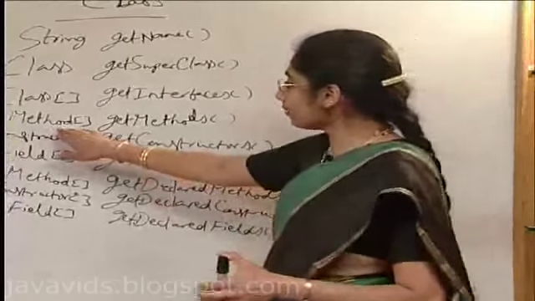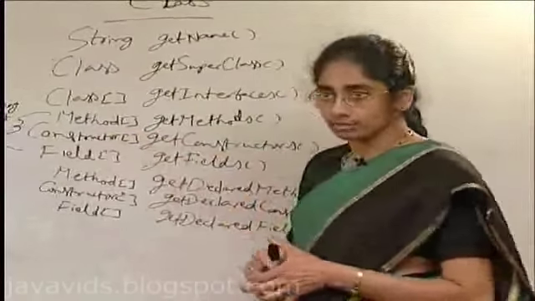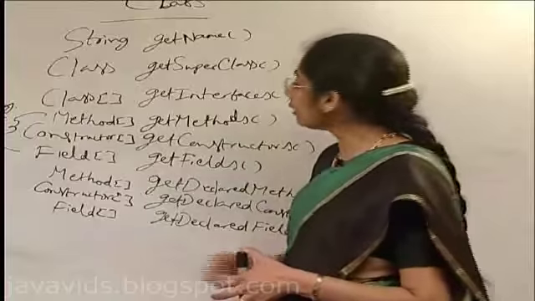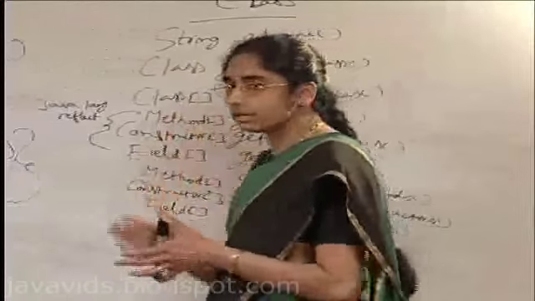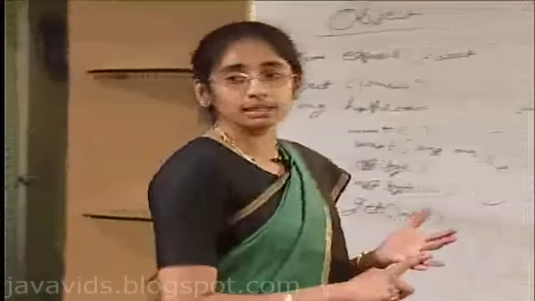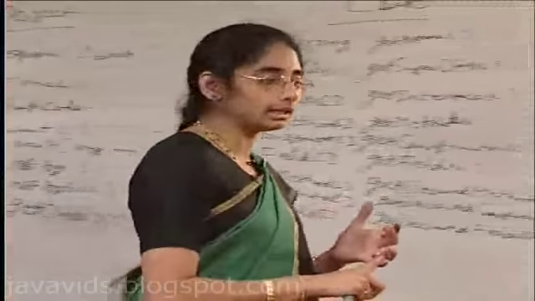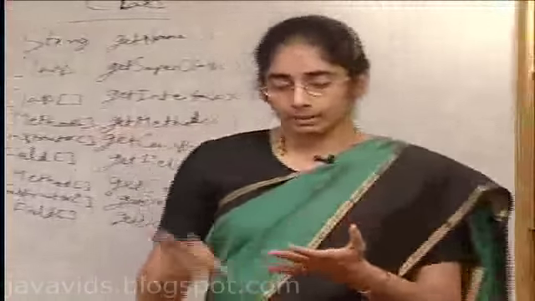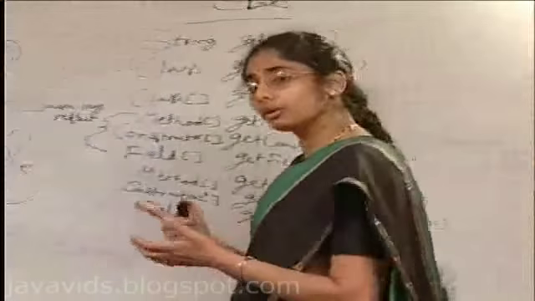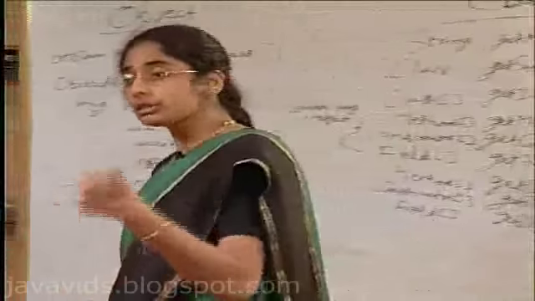Now once you have your method, constructor or field object, you can find out details from these classes. For example, in the case of a Method class, you can find out the name of the method, where the method has been declared by saying getDeclaringClass, the return type of the method, and the scope. You can also invoke a method.